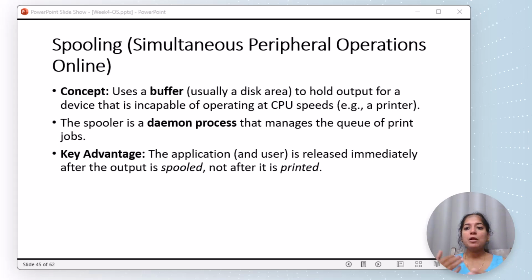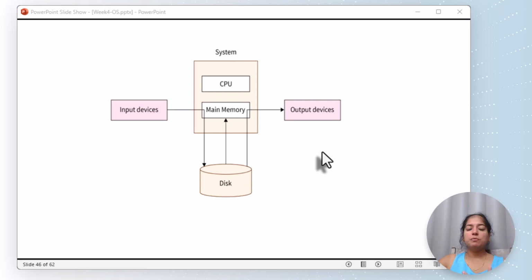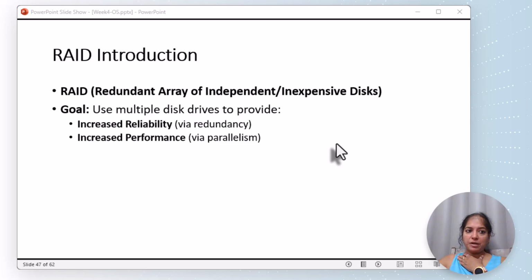For example, it uses a disk buffer to queue jobs for slow devices, like printing jobs, which are stored on the disk, so the printer fetches them at its own speed. The key advantage is that applications finish quickly and the user doesn't need to wait for the printing to complete. So spooling is another concept of disk buffering.